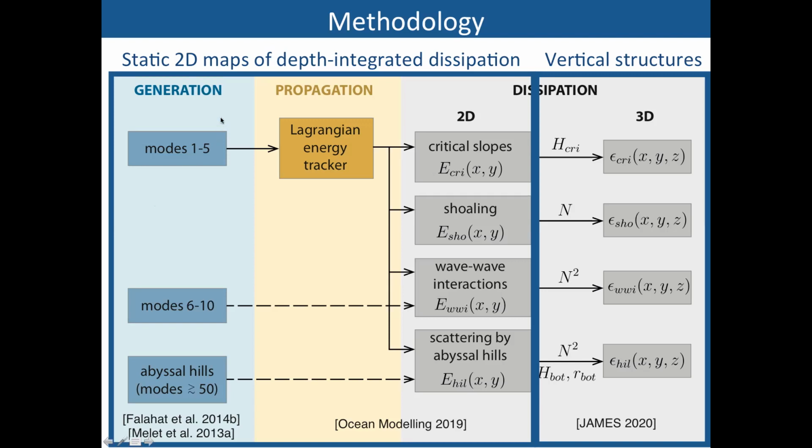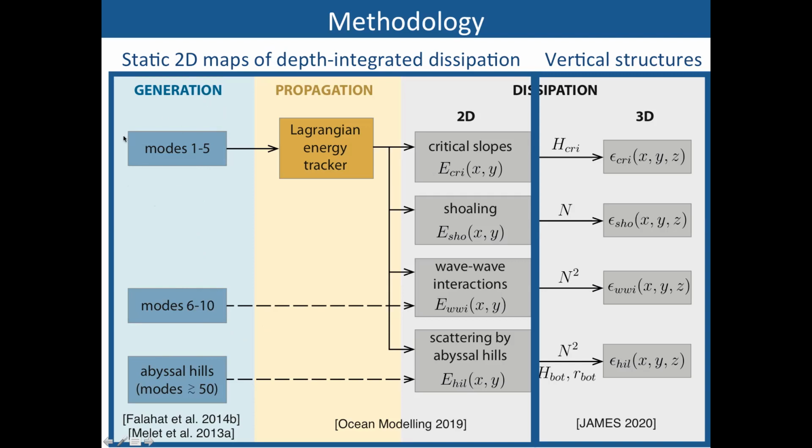So we start from maps of the generation rate of internal tides, decomposed into vertical normal modes. So we have the generation rate for each mode. We infer that modes greater than 5 don't really propagate outside the source grid cells at our resolution, and so this energy moves directly to the dissipation.